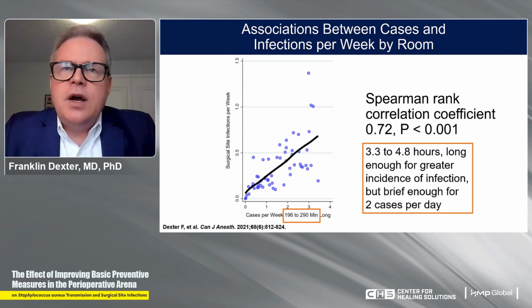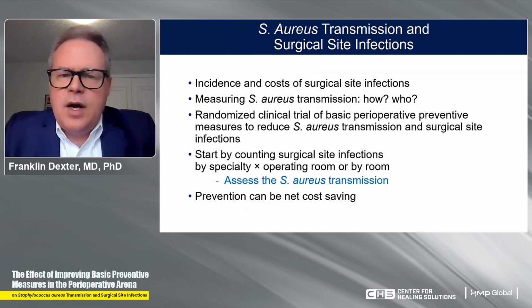Because the surgical times are longer than 2 hours, there are more surgical site infections. The incidence is greater. But if your cases are lasting 3.3 to 4.8 hours, the duration is sufficiently brief to have 2 or 3 of those cases per day in each operating room. So it's not that the case is sufficiently long that you only have 1 case per day in the operating room.